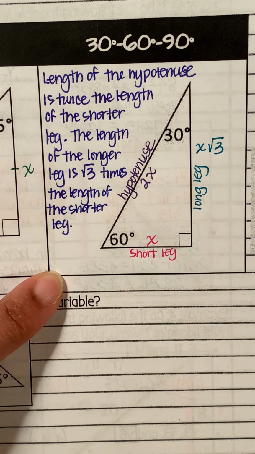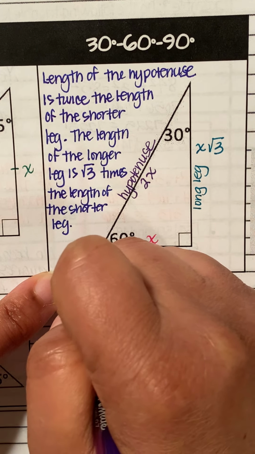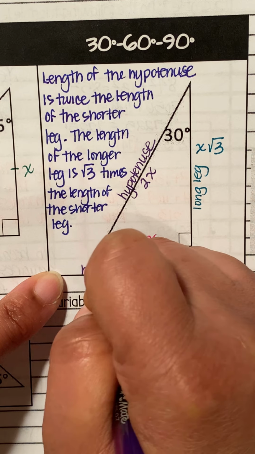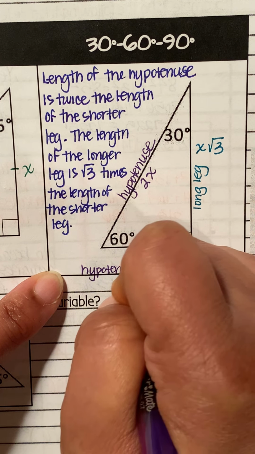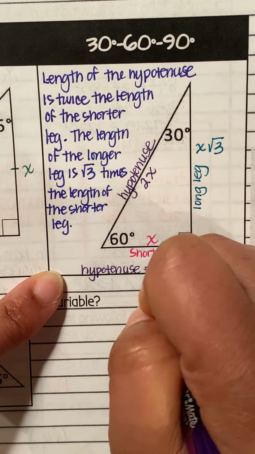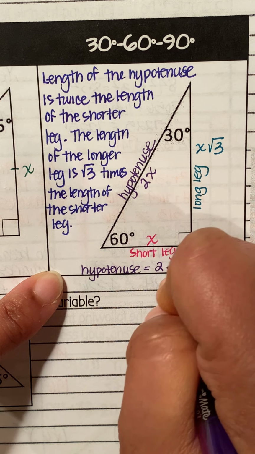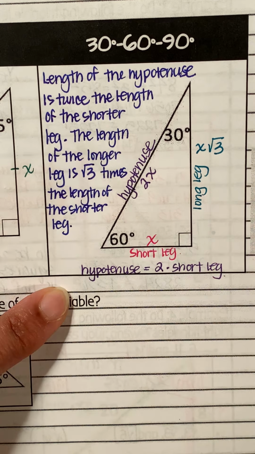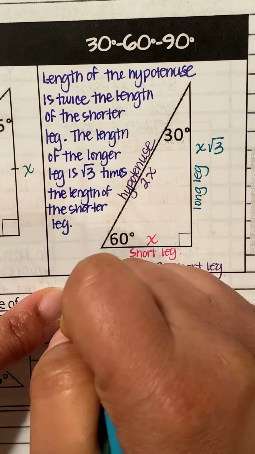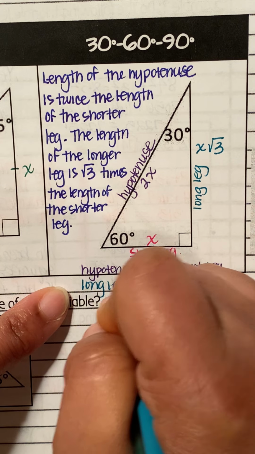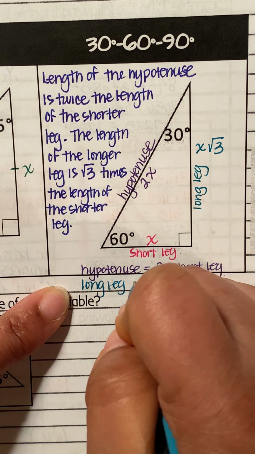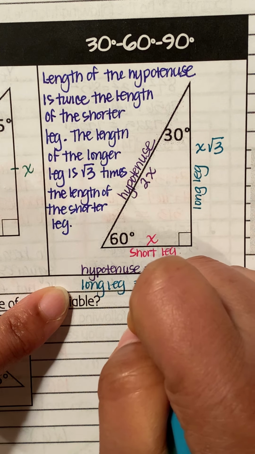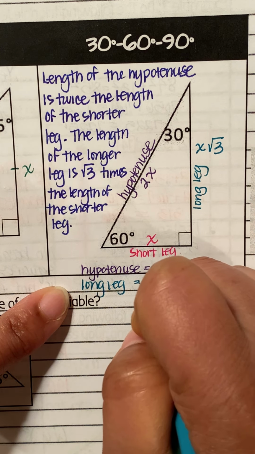Sorry, there's not a whole lot of room. My hypotenuse is going to be 2 times the short leg. And the long leg is equal to the short leg times the square root of 3.